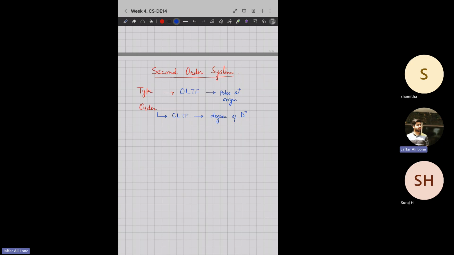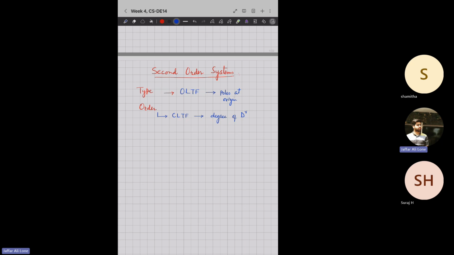So when we are studying second order systems, that means in our closed loop transfer function, the highest power of s in the denominator will be 2, right? So order will be 2 when it is a second order system.